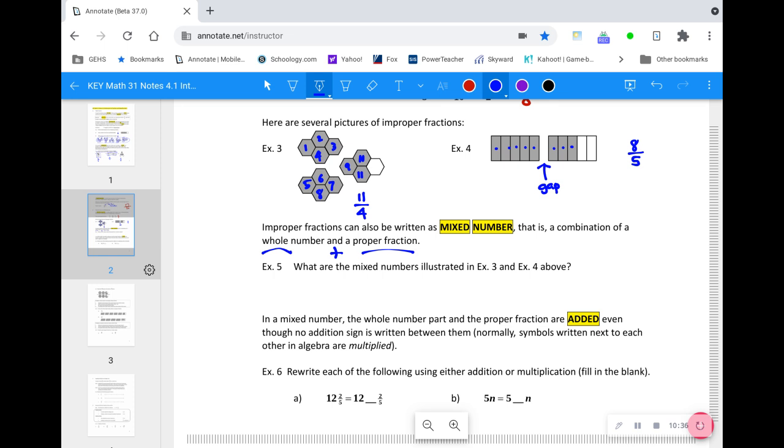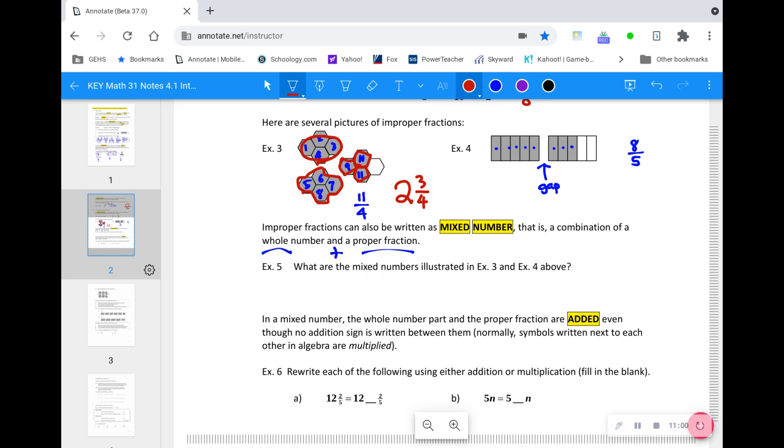So if you look at the previous examples, example 3 was 11/4, but we could also think of it in different terms. You could think of it as this whole object and this whole object plus 3/4 extra, and we would write it like this: 2 whole objects and 3/4 extra.